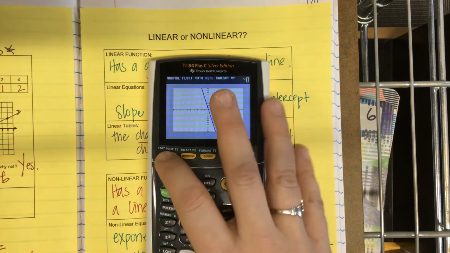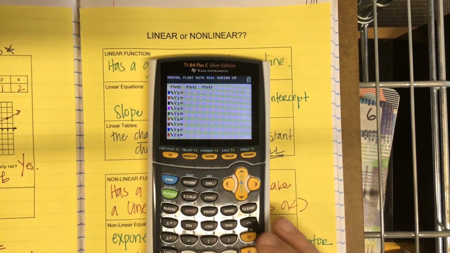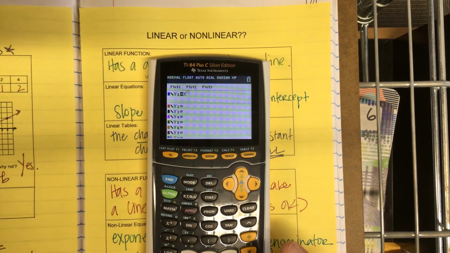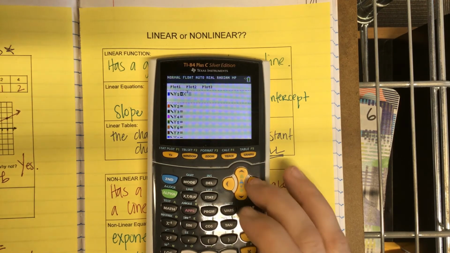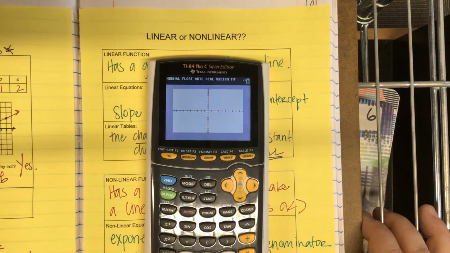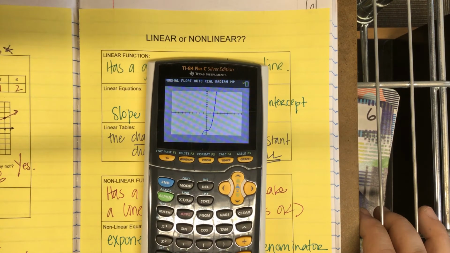Linear. What if I did x to the power of 3 minus 8? Nonlinear. Why? Because there's an exponent.